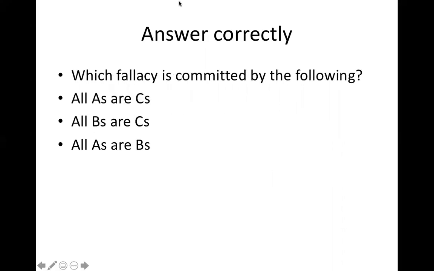Now answer this correctly. Which fallacy is committed by the following? All A's are C's, all B's are C's, therefore all A's are B's. What is the fallacy? Fallacy of modus.